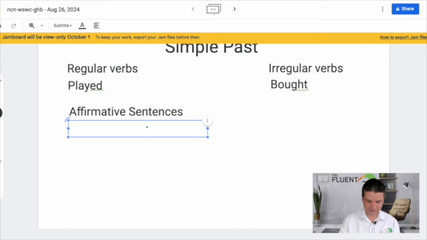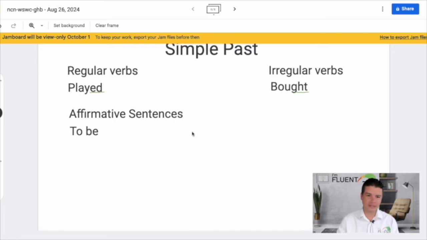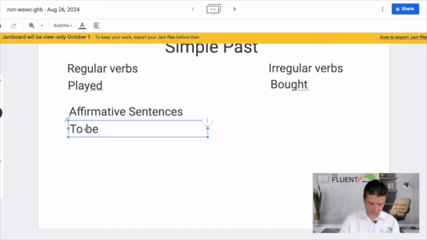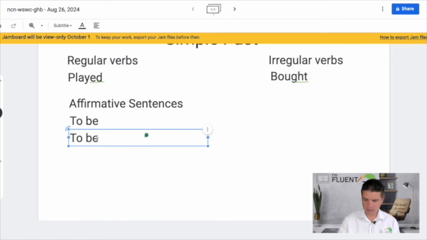The affirmative sentences also are divided into the ones that use the verb to be and the ones that use the other verbs. So for example, an affirmative sentence in the simple past could be: my sister was at the mall. When was she at the mall?